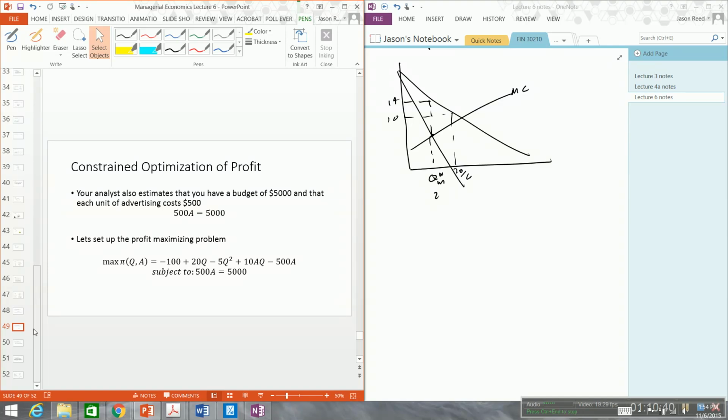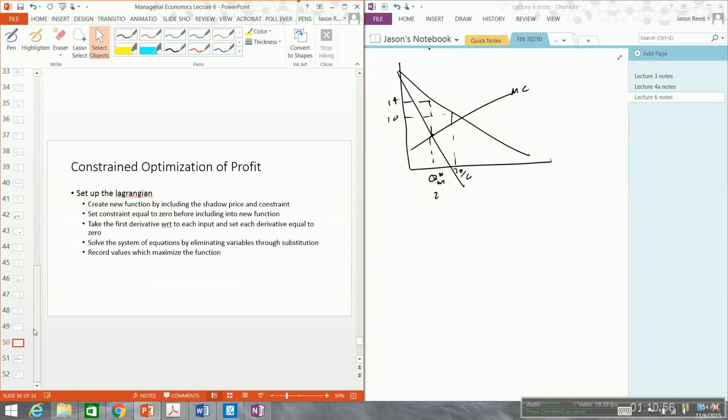So here we're maximizing our profits by looking at the difference between total revenue and total cost, subject to our constraint. So in order to do this, we need to set up a Lagrangian, and we know how to do that.